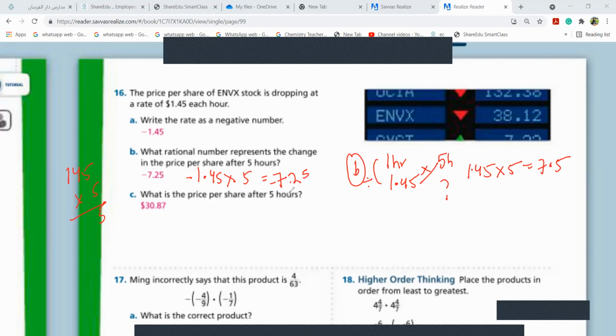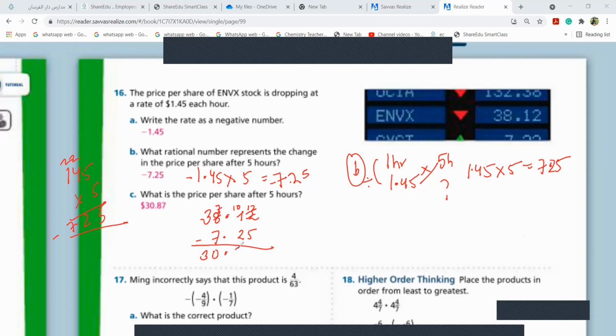What is the price per share after 5 hours? If you subtract this, you get 30.